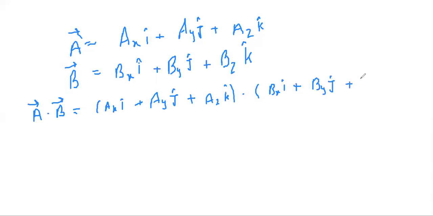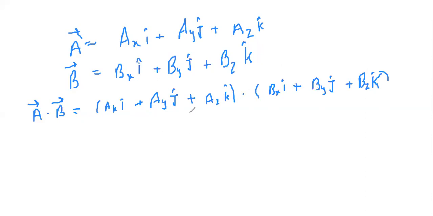Now you just open the bracket, you will get AX I dot BX I, AX I dot BY J, AX I dot BZ K, AY J dot BX I, AY J dot BY J, AY J dot BZ K, and similarly 3 components for AZ K. So in total, you will be getting 9 components over here, right?